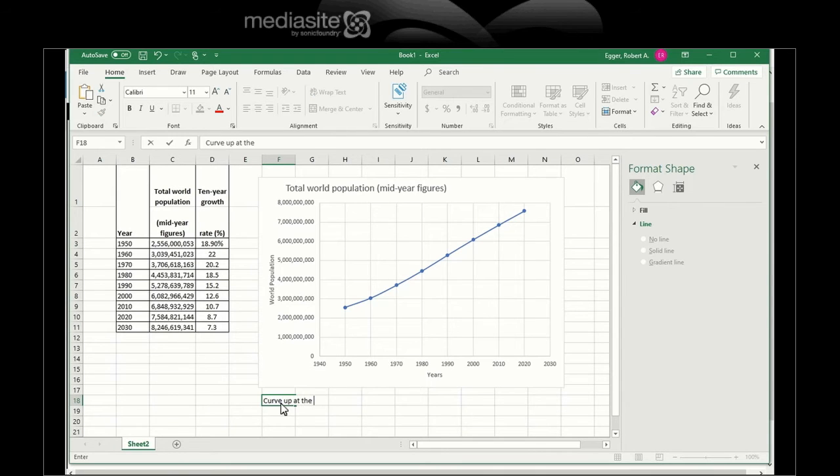Curving up at the beginning, goes linear like in the middle, and looks like it starts to curve down at the end.